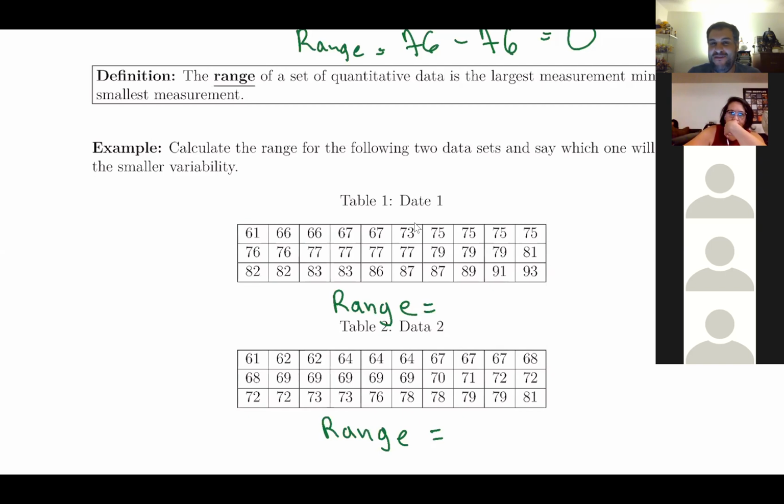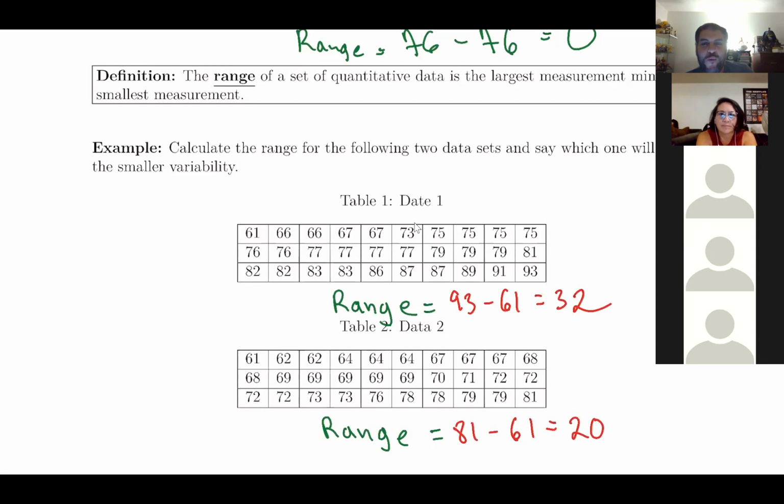If I get the range for data 1, you get 93 minus 61, and you get 32. If I get the range for data 2, you get 81 minus 61, and you get 20.